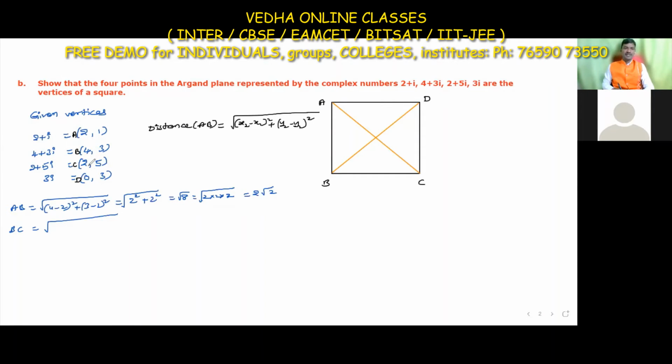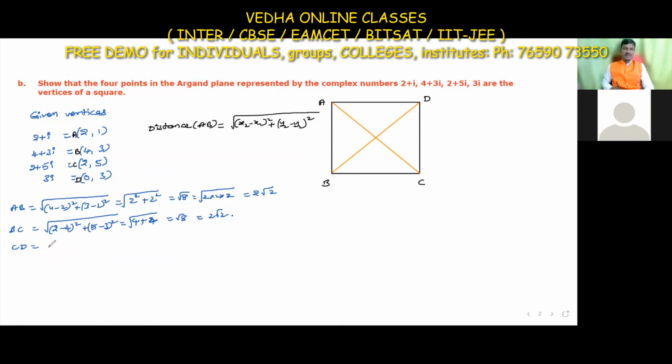BC distance, B and C: 2 minus 4 whole square plus 5 minus 3 whole square is equal to 2 minus 4 is minus 2 whole square, 4, 5 minus 3 is 2 square, that is also 4. Root 4 plus 4 is root 8, root 8 is 2 root 2, right? Now find CD.